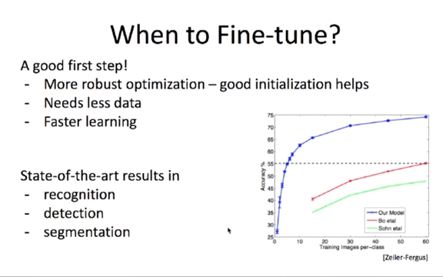So when is this fine tuning needed? You may need less data, a faster learning rate, or a more optimized model of your pre-existing model. This fine tuning part will be useful here, which results in more optimized detection, segmentation or recognition.